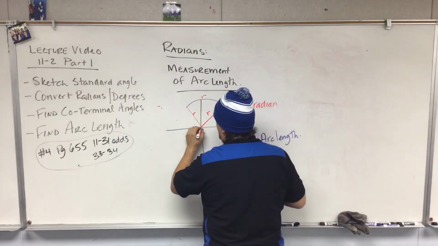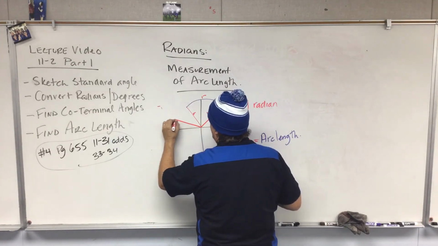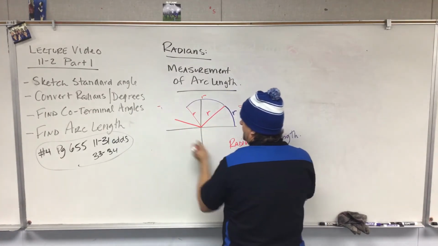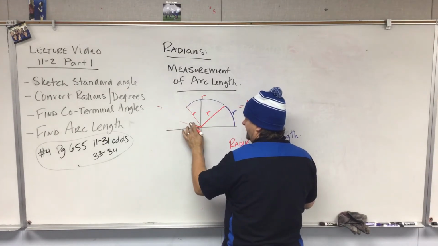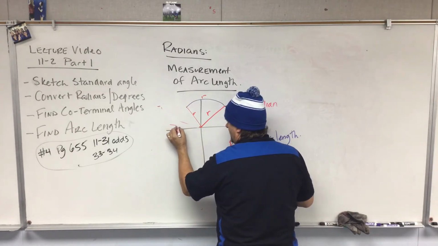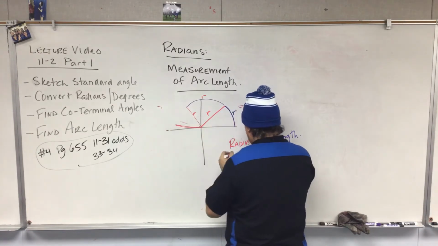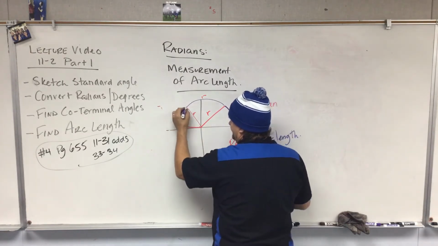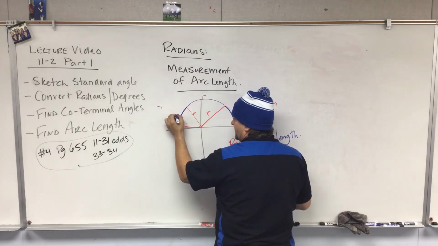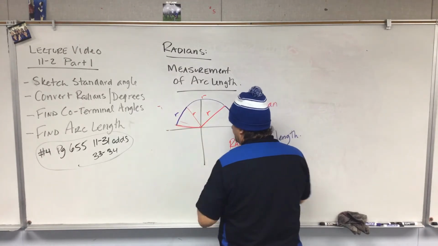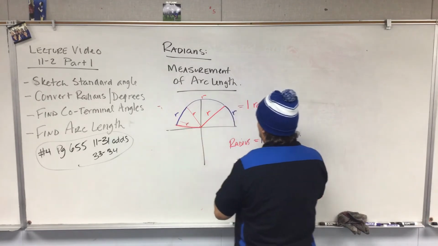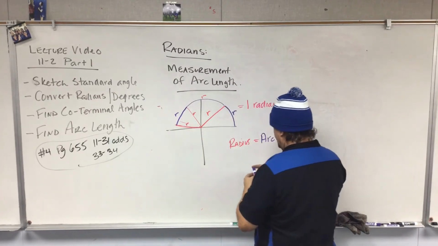And then if I do one more, I know it's not a very good drawing. It ends up, I'll even go farther down. It almost makes it to the very end, but it doesn't quite make it. Okay? So this means that this is 1 radian.